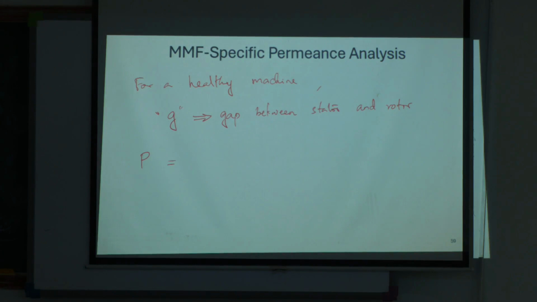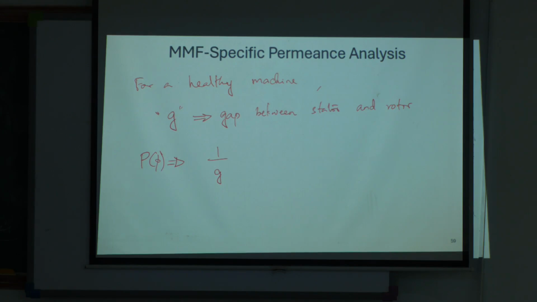Permeance, or specific permeance, doesn't really matter to us right now, is a function of inverse air gap. So it will depend upon 1 over G. And since we are considering a uniform gap, the gap is constant irrespective of the position in space in the stator frame of reference. So P of phi is a constant, which is given by 1 over the uniform gap between stator and rotor.